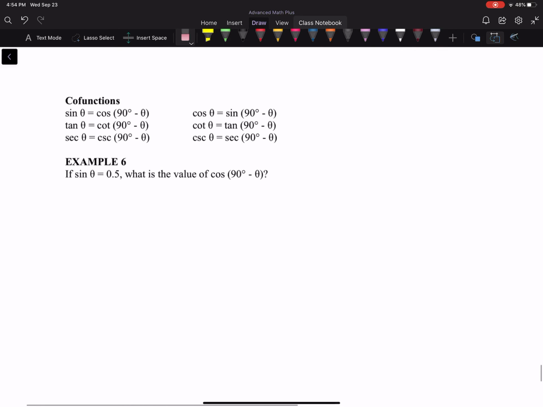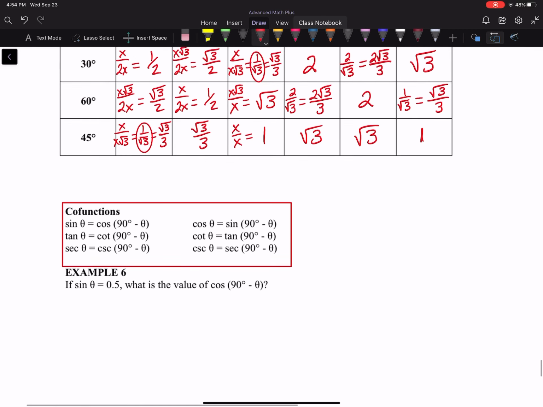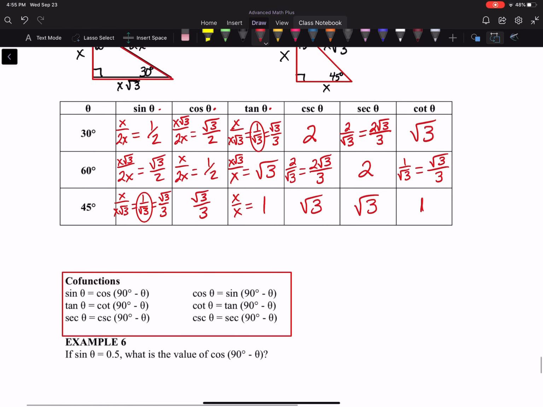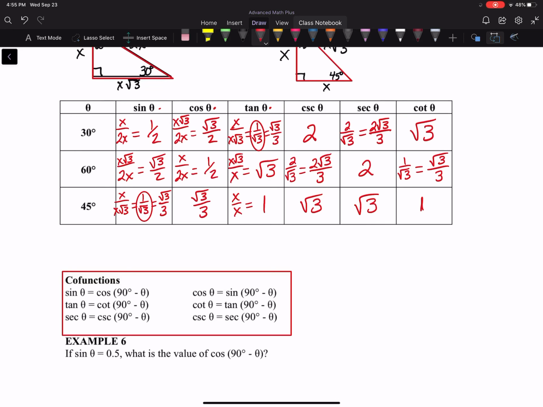Okay, our last example, cofunctions. It says, example 6. So basically, these are your cofunctions, right? This little section here. And you can use this up here to notice. All this is saying is, if let's say theta was 30 degrees, okay? So theta is 30 degrees.